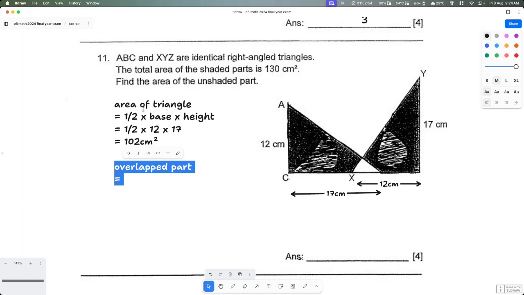So area of triangle is equal to shaded part plus overlapped or unshaded part.